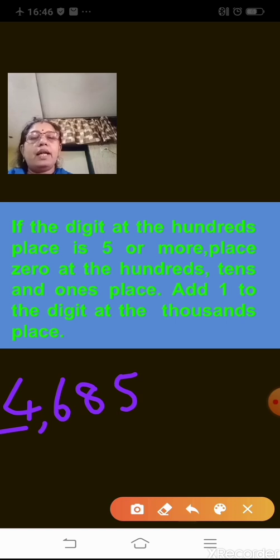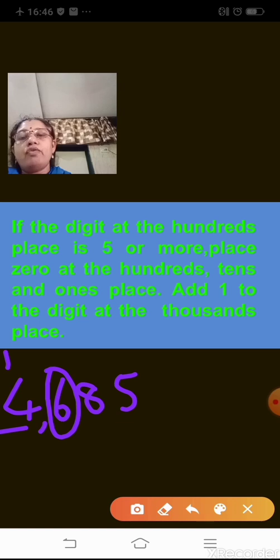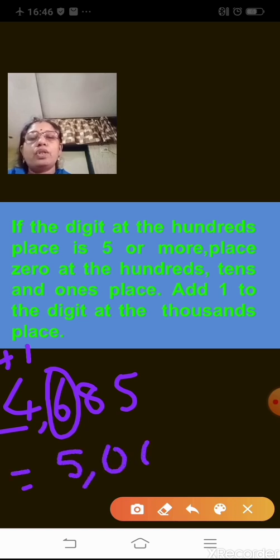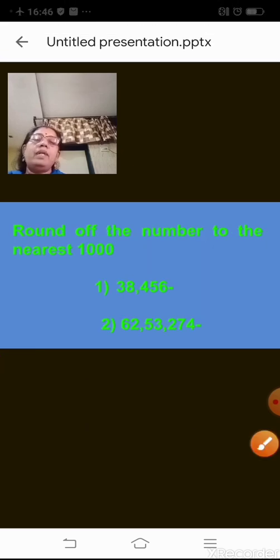If the digit at the hundreds place is 5 or more, now here the digit at the hundreds place is 6, that is, it is more than 5. So what you will do is add 1 to the number in the thousands place. So while rounding off, it will become 5 and then 0, 0, 0. So it will become 5,000.